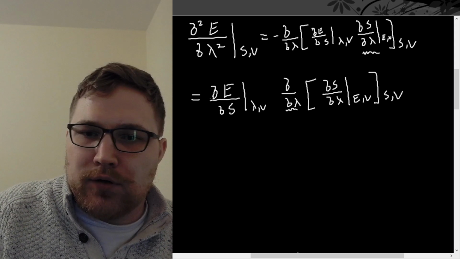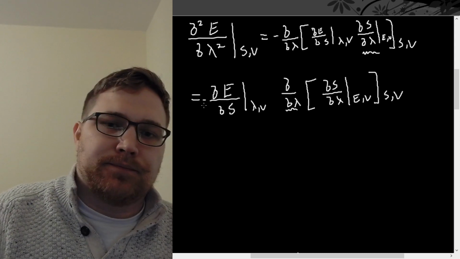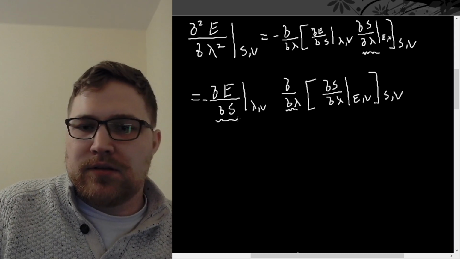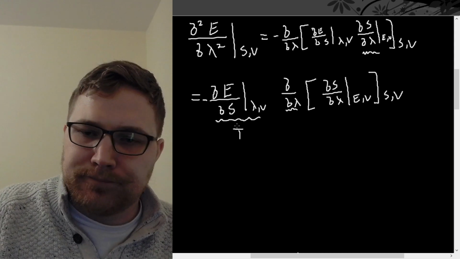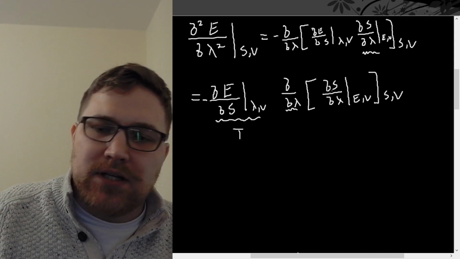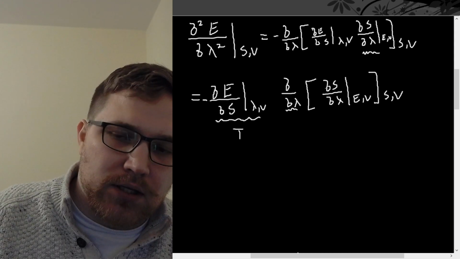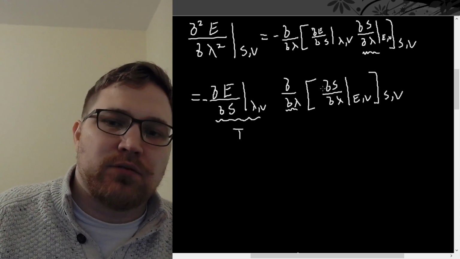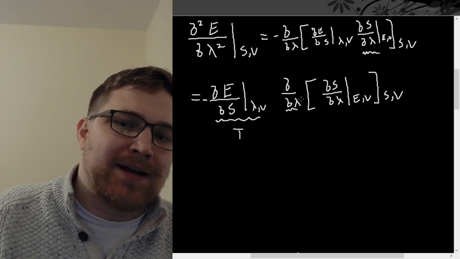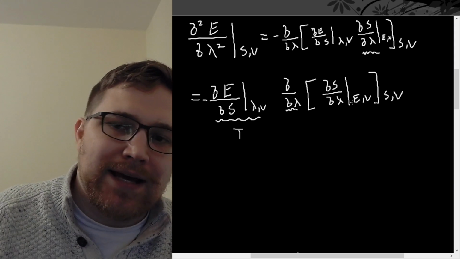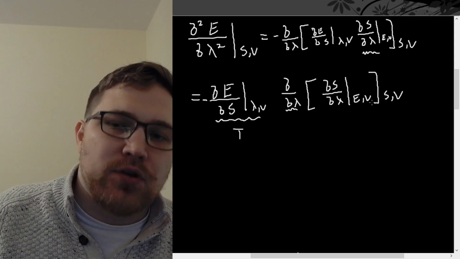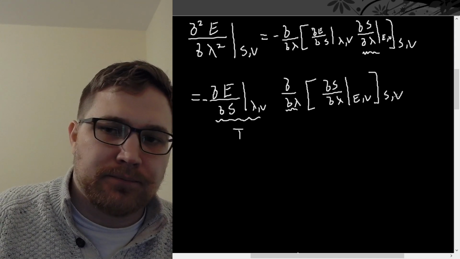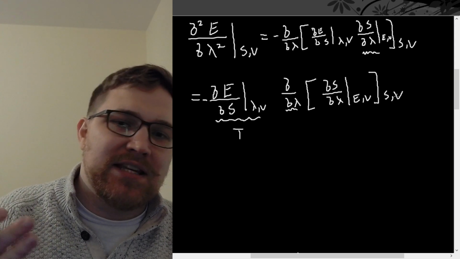Oh, and I forgot a negative here. So this can be rewritten as temperature, and it would be tempting to just call this the second derivative of entropy with respect to λ, but notice that they're holding different values constant, right? So we can't immediately do that.